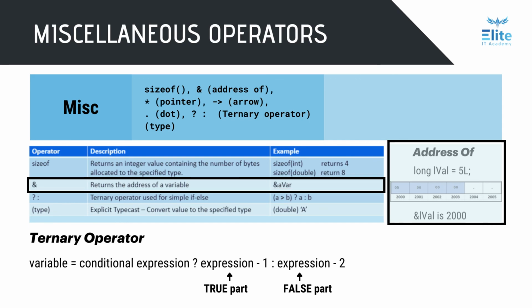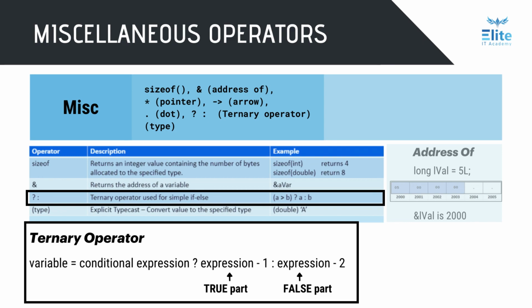One example is when we wish to change the variable's value indirectly using its address instead of accessing directly with its variable name. We will show you how this is done in our discussion on pointers in a later video. The address of operator will return the address of the variable.